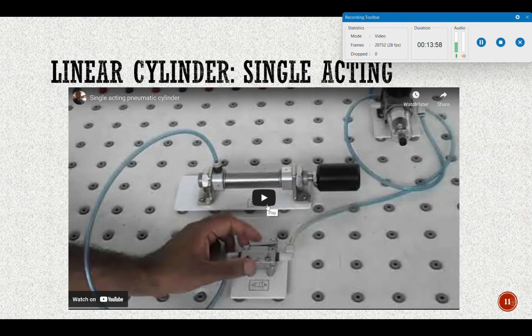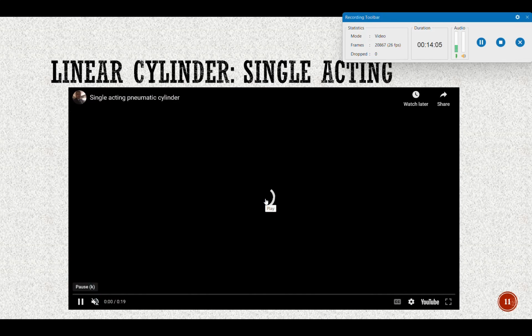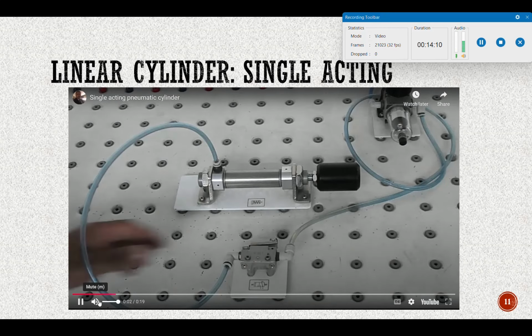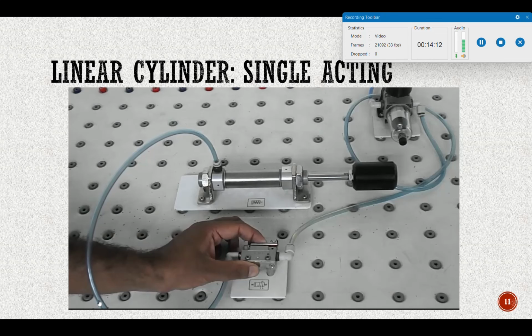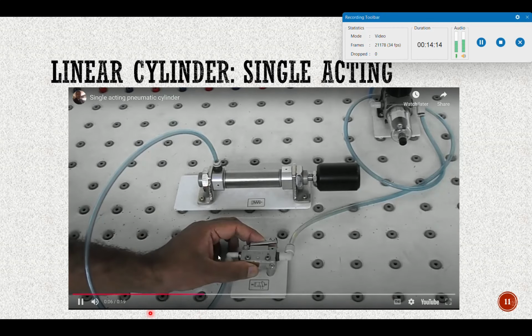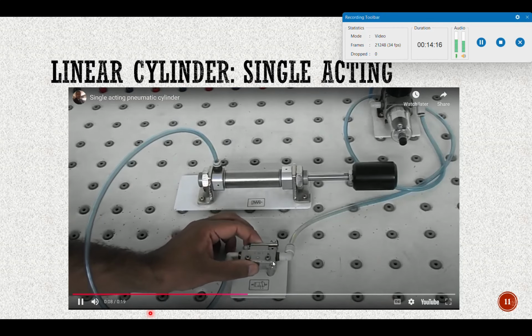So this is how it looks like in our lab. This is a limit switch kind of buff.